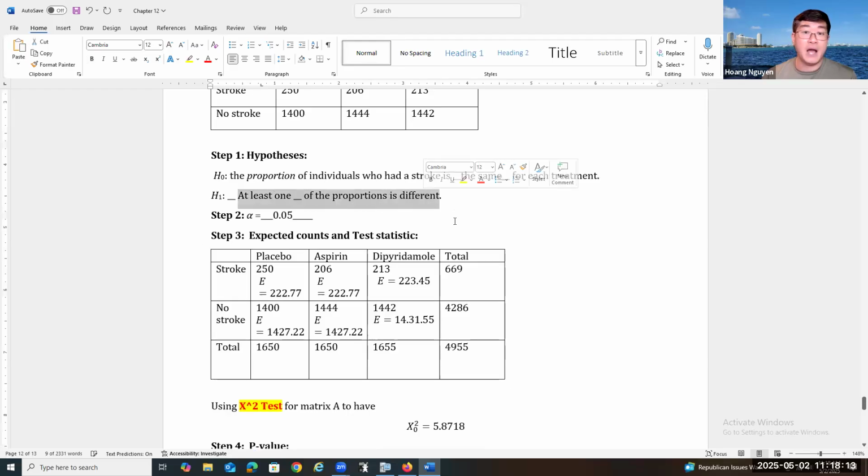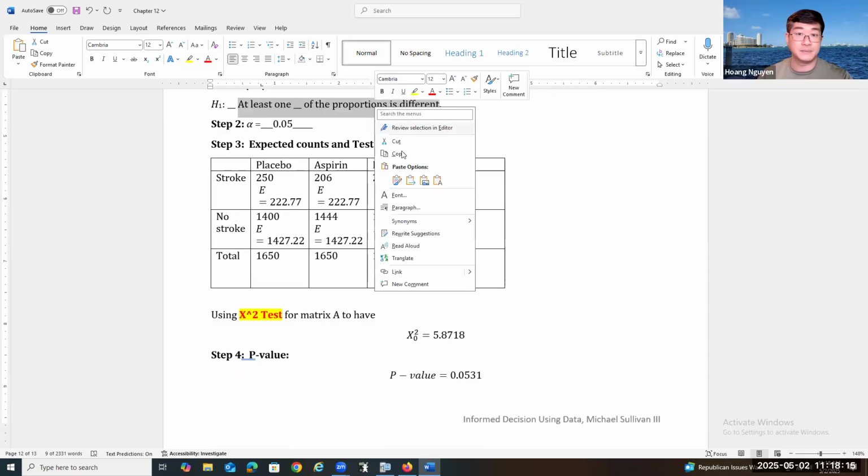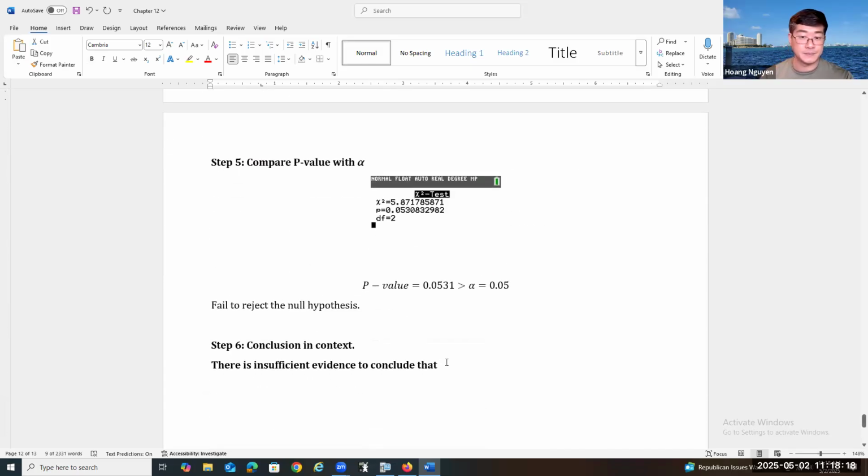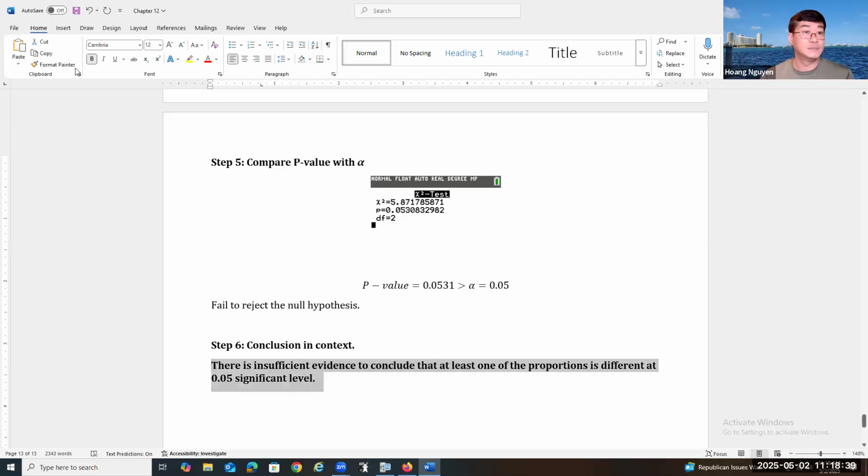We're going to copy the alternative hypothesis: at least one of the proportions is different at the 0.05 significance level. So that's going to be the conclusion for the test of homogeneity of proportions.